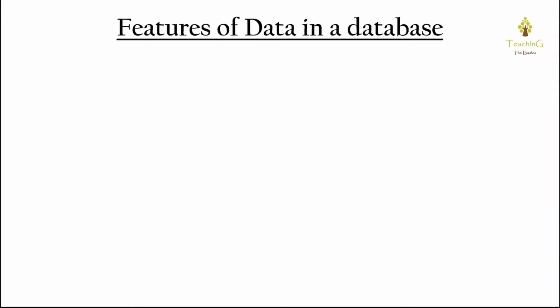So what is the features of our data in a database? So the first one is the shared one, and shared is the first point. Let's give an example that we all have a Facebook account, right?